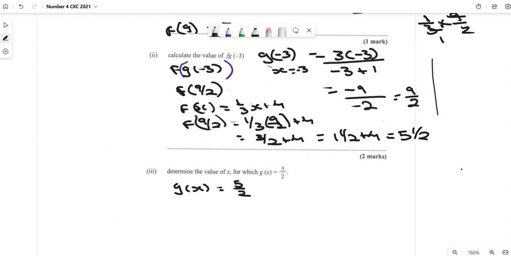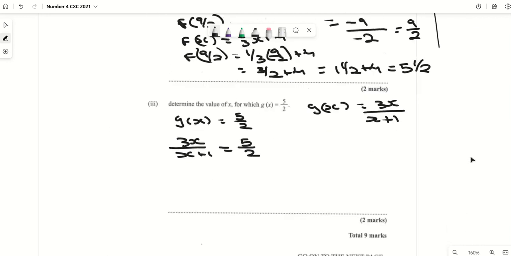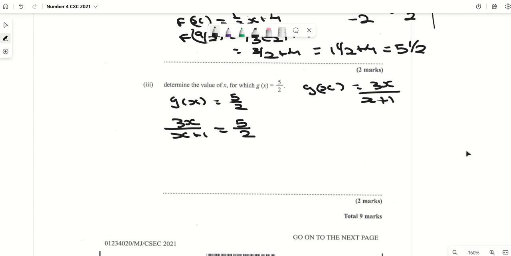The equation for g of x is 3x over x plus 1. So they're telling you 3x over x plus 1 is equal to 5 over 2. That is basically what they're telling you. And they're telling you, well, okay, I want to know what are the values for x. So basically, make x the subject of the formula.